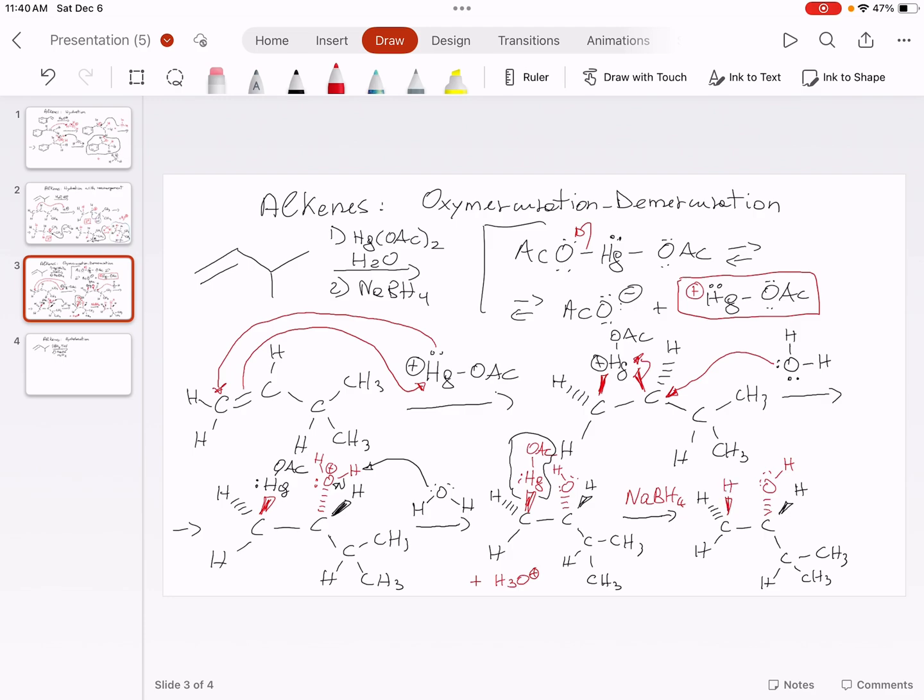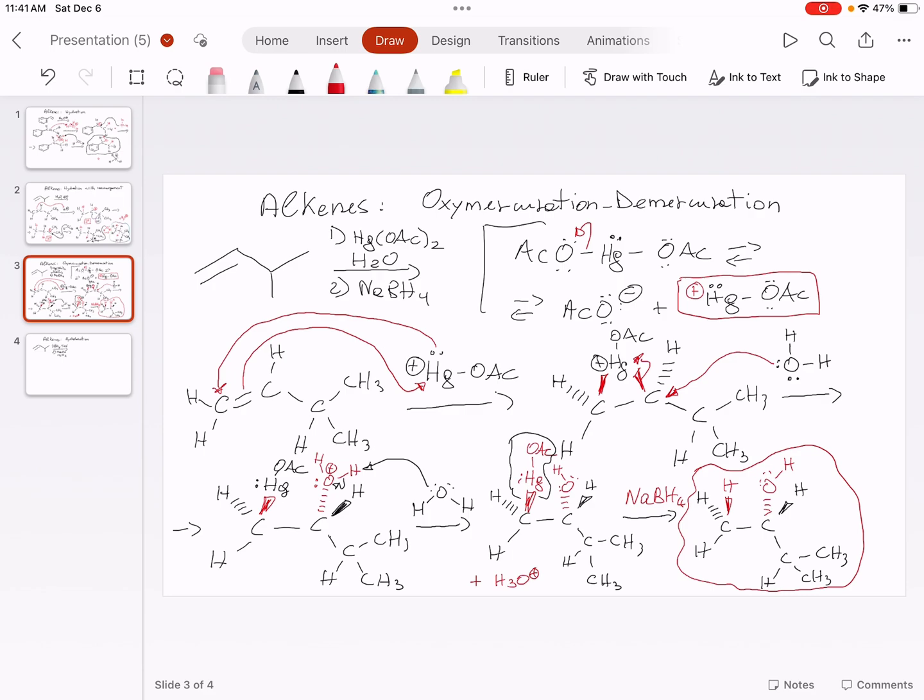This is your final product. So the oxymercuration-demercuration product is basically, again, an alcohol, but it is the product that we would expect while doing a regular hydration without any rearrangements. So it's a very important reaction, very commonly used.